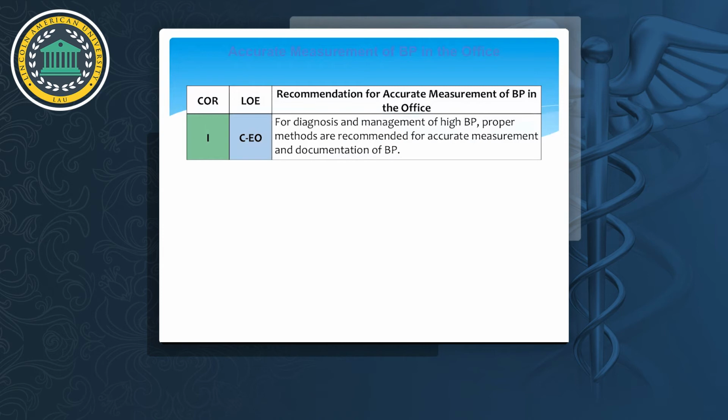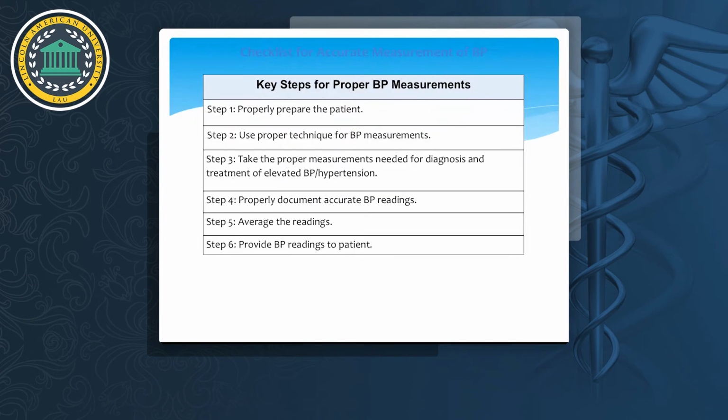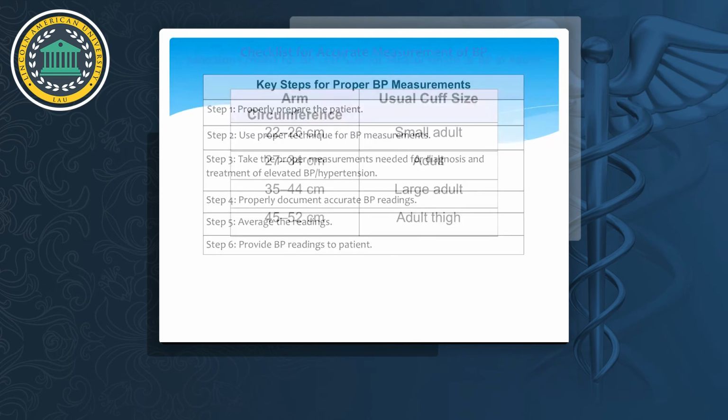For diagnosis and management of high blood pressure, proper methods are recommended for accurate measurement and documentation of blood pressure. So what are the proper BP measurements? You make the patient prepare properly, use proper techniques, take the proper measurements needed for the diagnosis, properly document accurate BP readings, average the readings, and provide BP readings to the patient.